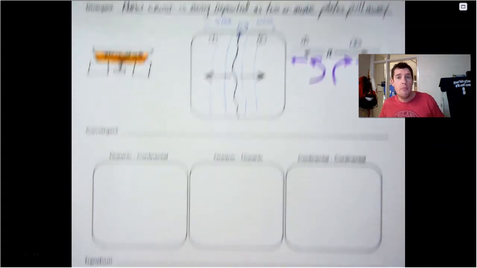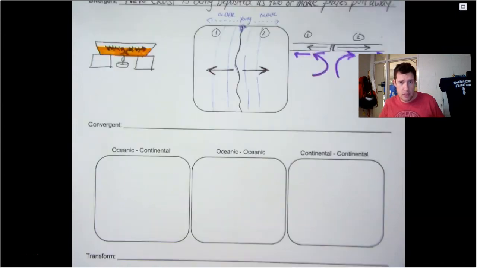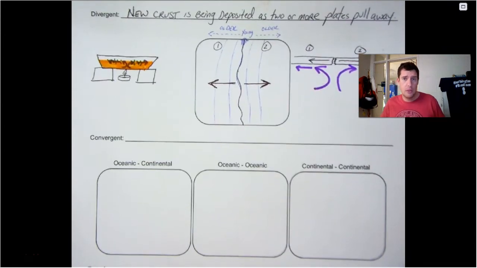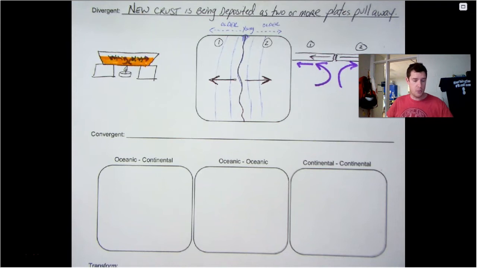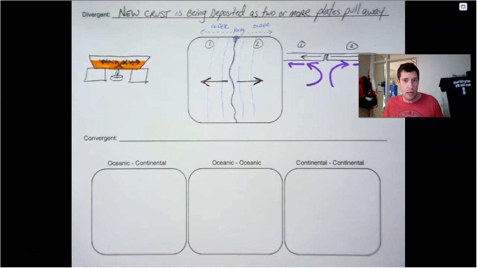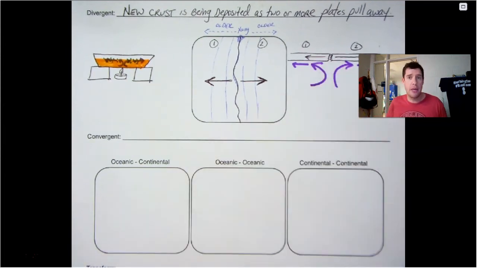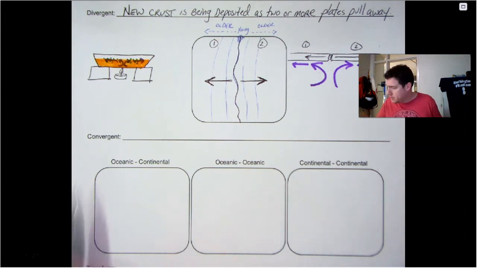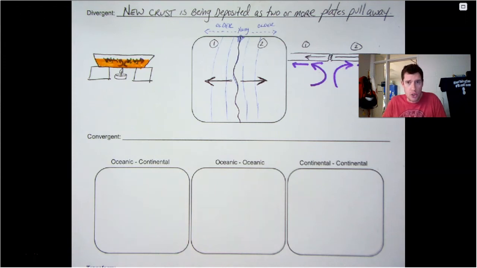Okay, now, the most common, right, and you'll see this when you do your map that you're going to get. The most common way that plates move actually is not this way. There's several divergent boundaries out there around the world, but it's not the most common. The most common is convergence, to converge.